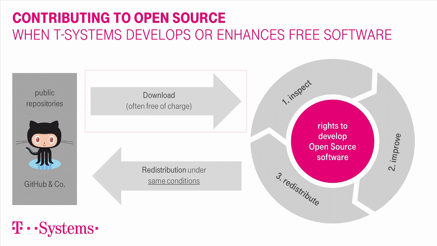And we download the software from these public repositories, most often free of charge. This process is also called cloning. After that, we have the right to inspect the code, to improve it, and finally to redistribute it.